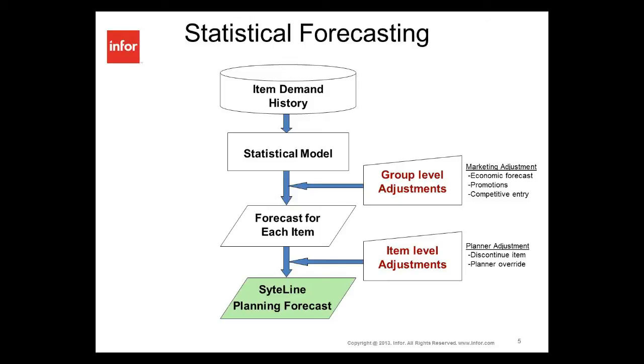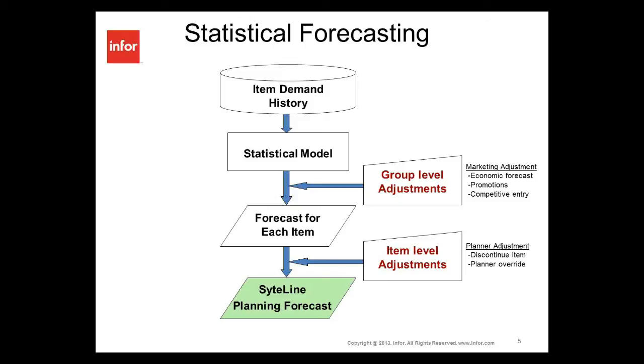So if there's an economic condition that might affect the sales for the whole company, you could apply a reduction or increase in the total demand that was calculated by the forecast model. Or you could do it just for individual product groups. For instance, a promotion or a new competitor enters the market.